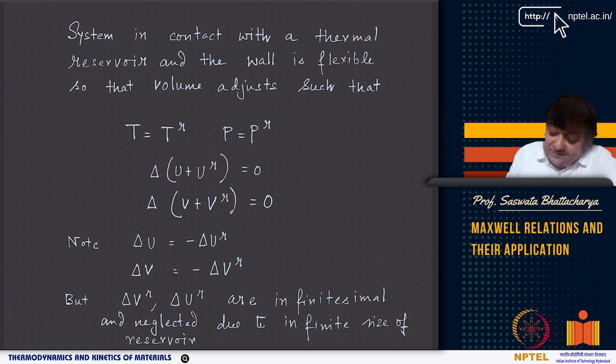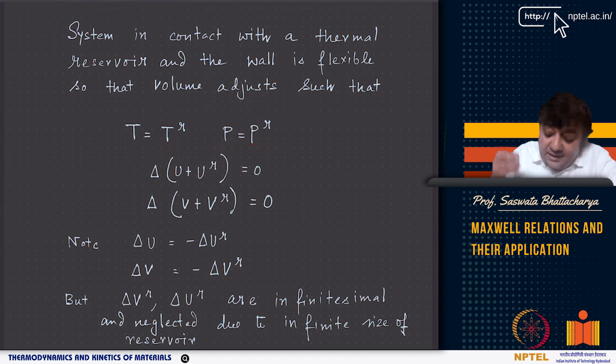mechanical reservoir. So if I think of a thermal and mechanical reservoir, we have T equals TR and P equals PR. That means T system is equal to the temperature of the reservoir, and P system equals the pressure of the reservoir.